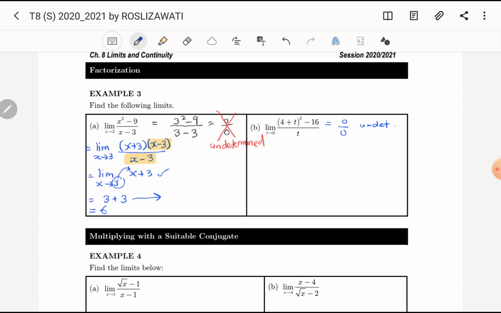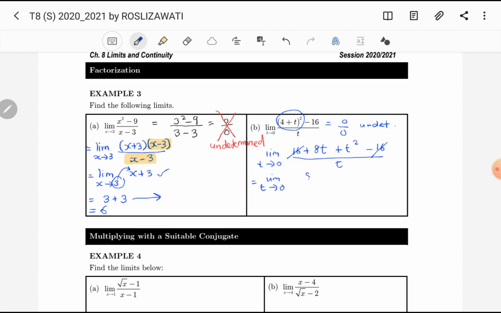So we have limit t approaches 0. We need to expand the quadratic. So we will get 16 plus 8t plus t squared from the expansion, and then minus 16, divided by t. Limit t approaches 0. 16 minus 16 is 0.